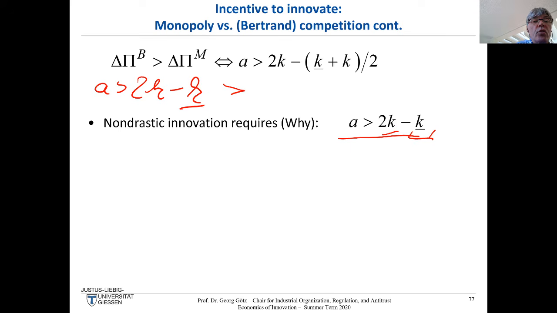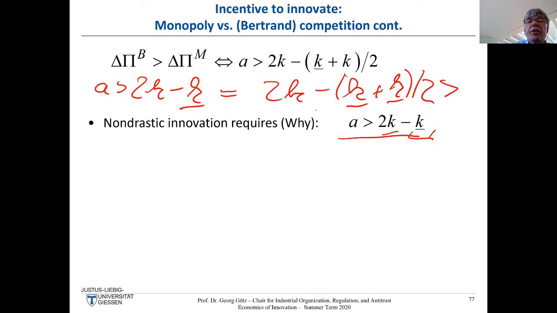But this is certainly greater than 2K minus K, or oh, no, that's not greater. This is equal, I just put it differently, minus K lower bar plus K lower bar divided by 2, okay? But this is greater than, because this is exactly the same here, I just put it apart.